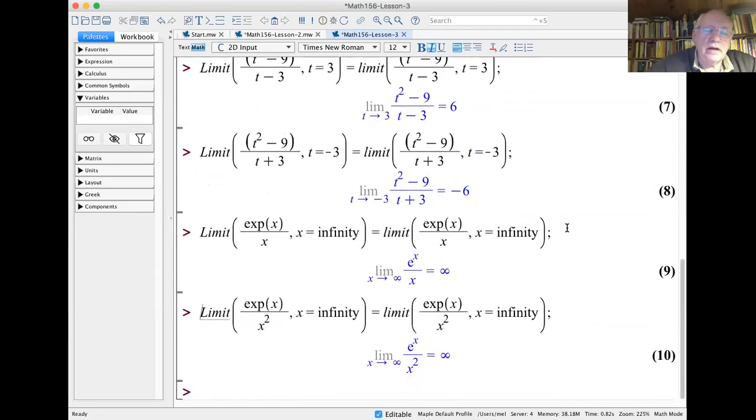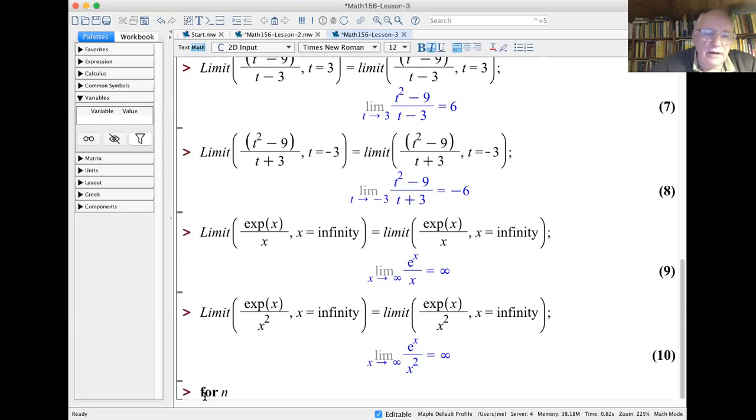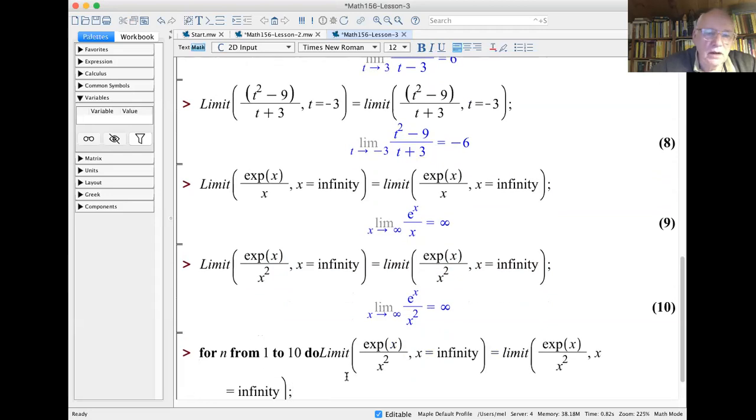What if you take e to the x over higher and higher powers, like e to the x over x cubed or x fourth? Well, I don't want to have to type this in over and over again. So I could make this a loop. Let's say for n from 1 to 10 do, and what I want to do is compute this limit.